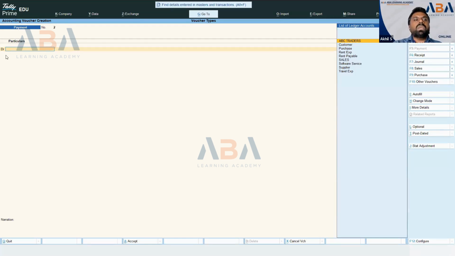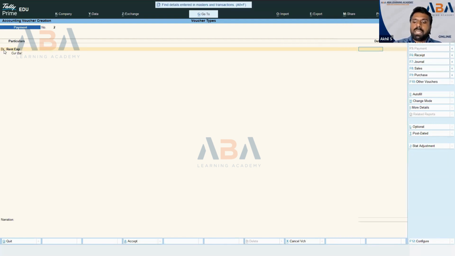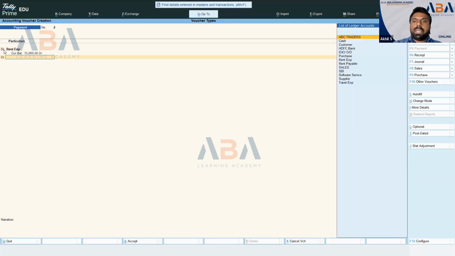So here we will debit. You can see in the particulars column, Dr is showing here. We will be debiting rent expense. We will select it and then type 15,000. Press enter and credit. We will be crediting our bank account. What is the bank ledger here?